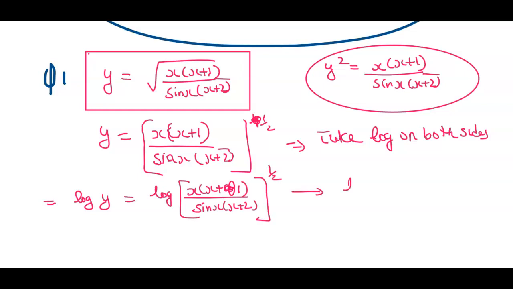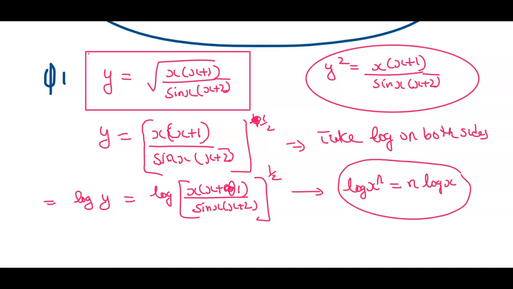Now this reminds me of the formula, log x to the power n is n log x. Also we have to use log a by b in the next step.